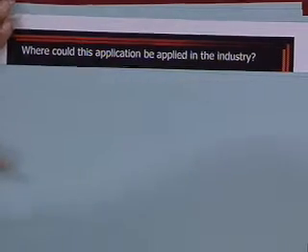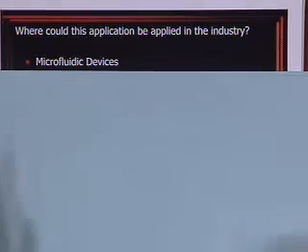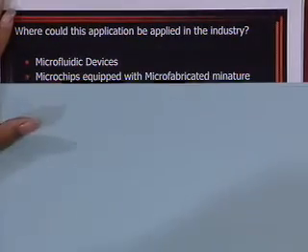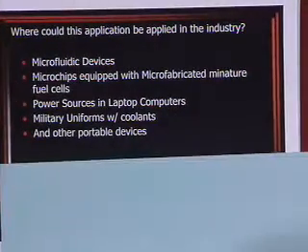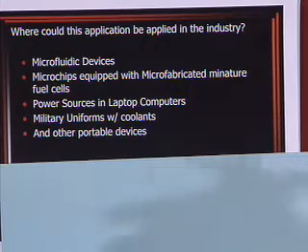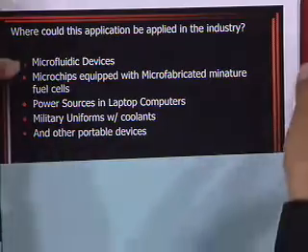Anybody else? Car seal. Okay. Well, several microfluidic devices could be used. We also have microchips equipped with microfabricated miniature fuel cells. We also have power sources in laptop computers, military uniforms with coolants, and other portable devices.